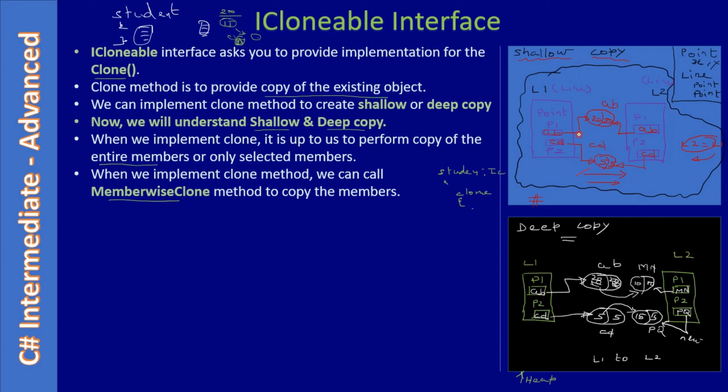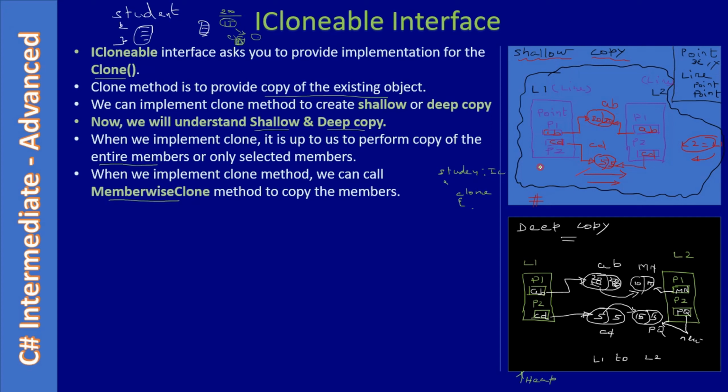It copies the content, performs a shallow copy, and returns the object. So you get a new instance L2, meaning the line instance, but you won't get a new instance for the internal members. So they refer to the same heap location which was already created.